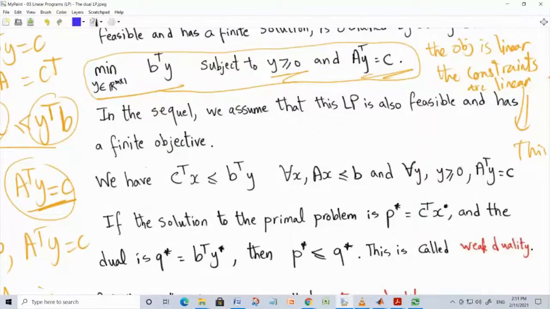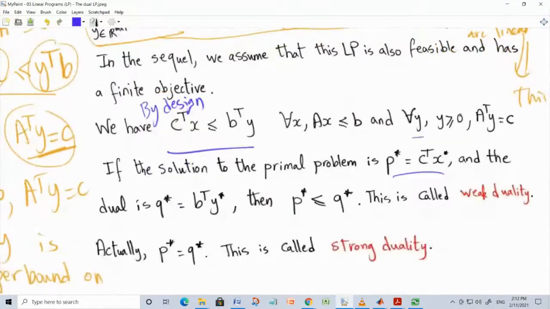Now by design, C transpose X is less than or equal to B transpose Y for every X such that AX is less than or equal to B, and for every Y that is non-negative with A transpose Y equal to C. Now suppose you have the solution to the primal linear program, and the objective when it is maximized is P star, which is C transpose X star, and the optimal solution to the dual program B transpose Y star is equal to Q star.